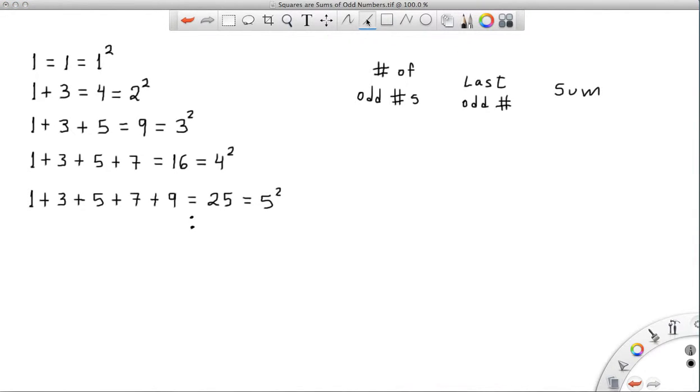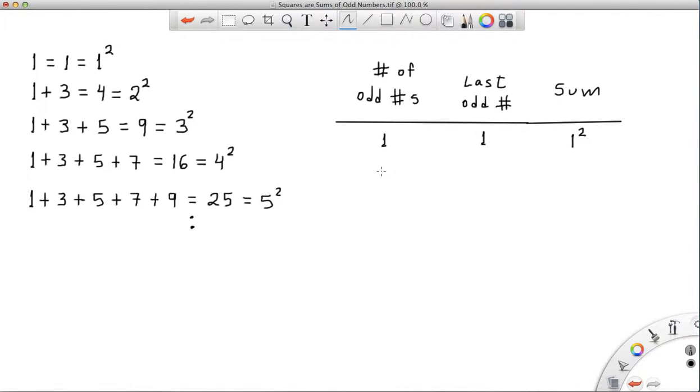Okay, so in the first case we are adding just one odd number. The last odd number in that sum was 1, and the total sum was 1. And I'm going to write it as the square of 1.